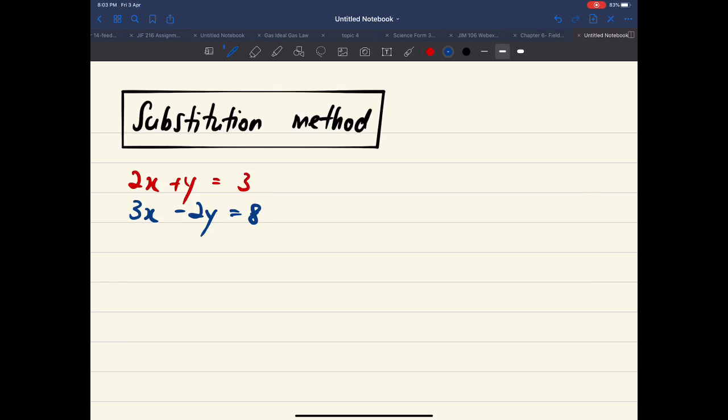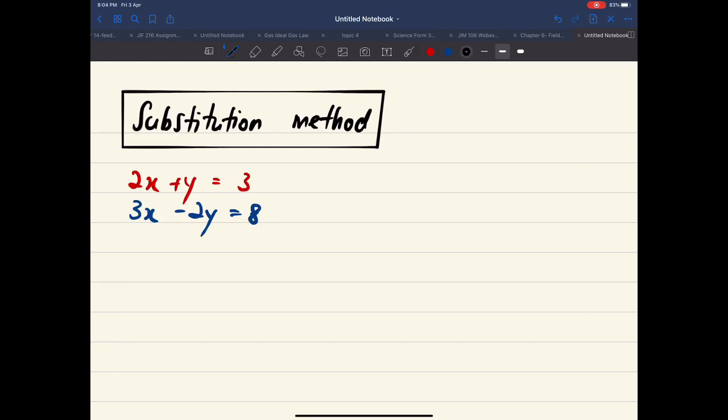The first thing you have to do is choose either one of the equations and make either one of the unknowns, x or y, the subject.